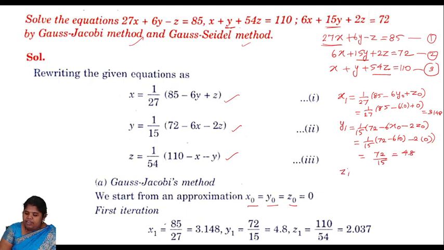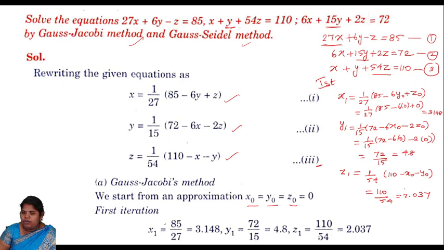Similarly, from equation 3, z1 equal to 1 by 54, 110 minus x0 minus y0. So this is our first approximation, which is 110 by 54, 2.037. So these are the values of x1, y1 and z1.